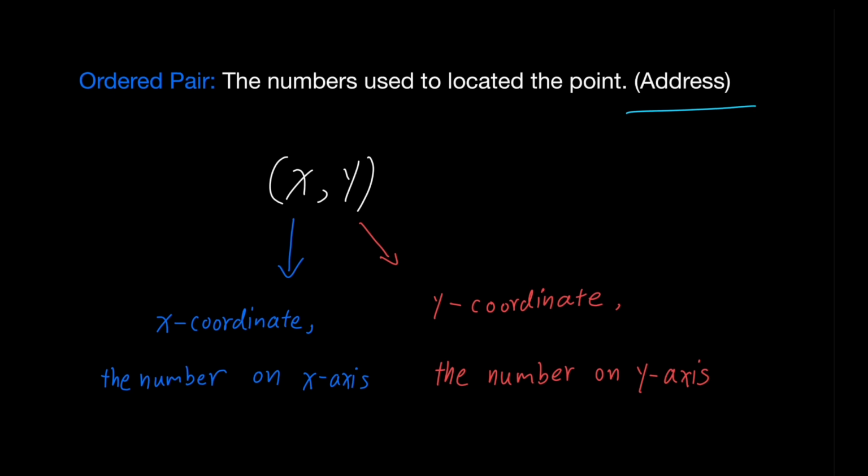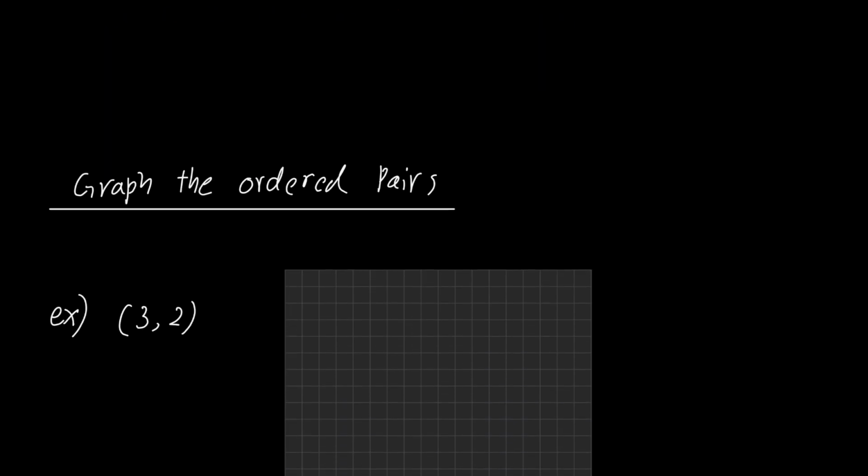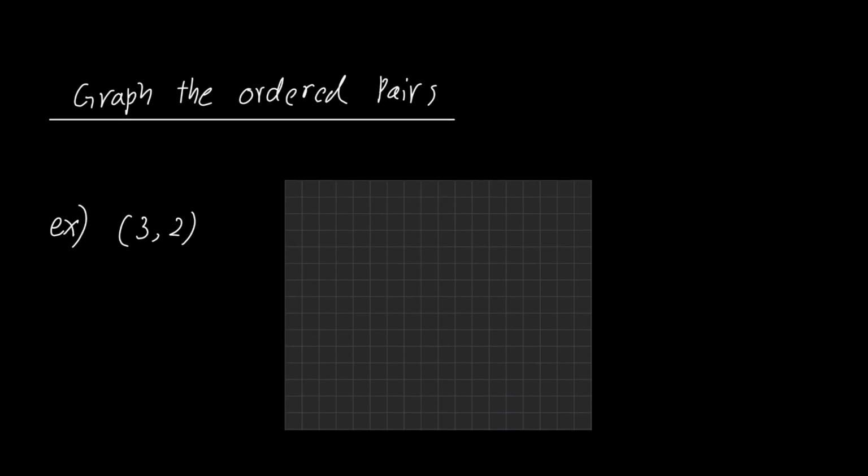So because we have an address right now, we can simply find our destination, right? Why don't we do that? Why don't we just look at some questions to really feel how to locate the point? Right now we have an ordered pair, (3, 2), and the general form is (x, y).